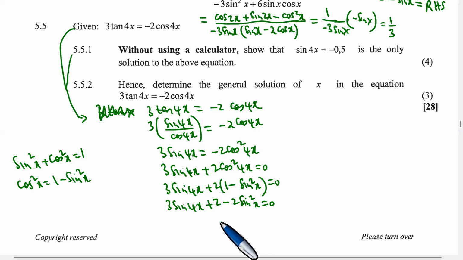Okay. You can just divide through by negative, so that you have 2 sine squared x, dividing by negative. This one is going to be positive. This one is going to become negative. Sine 4x, this one is going to be negative, equals 0.